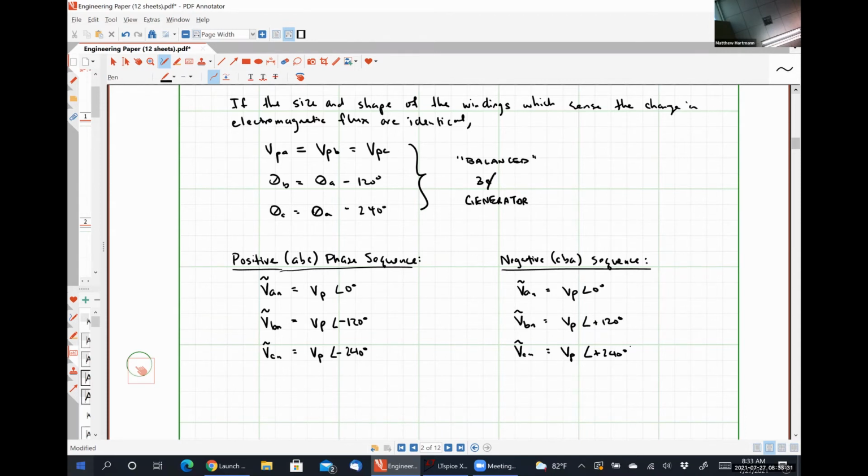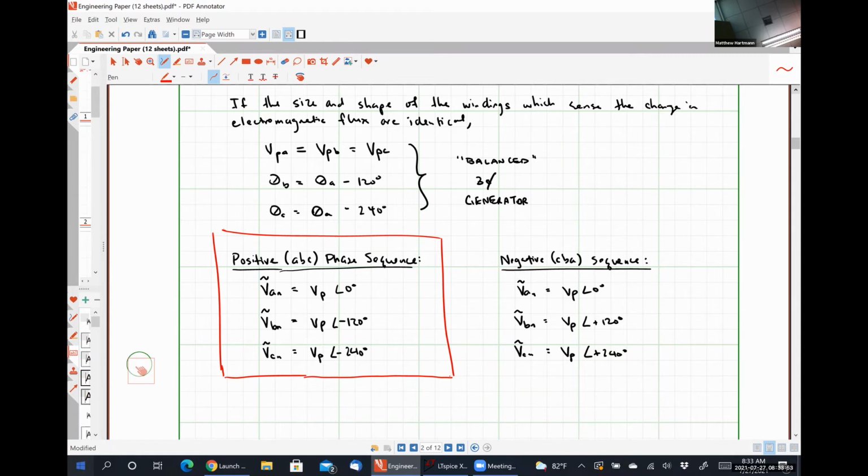In this class, we will deal only with positive phase sequence systems, okay? A negative phase sequence system does not change any of the math that we're going to do whatsoever, except it will change the sign on the angle.